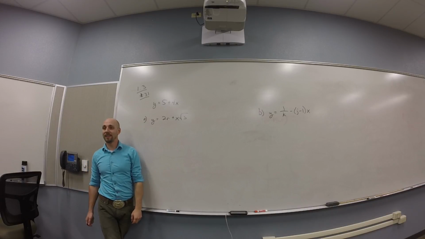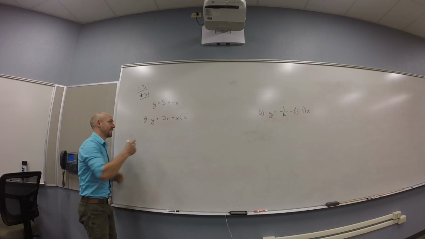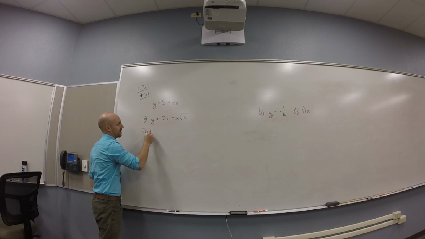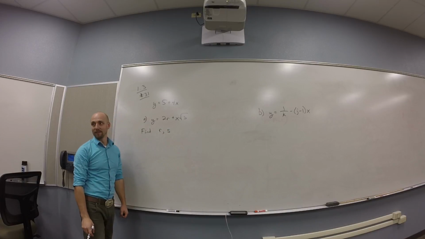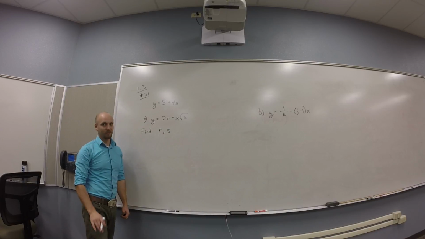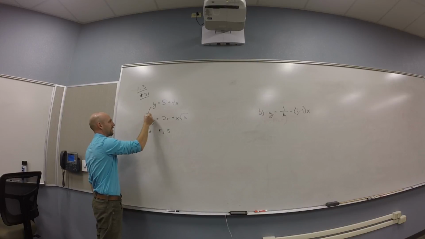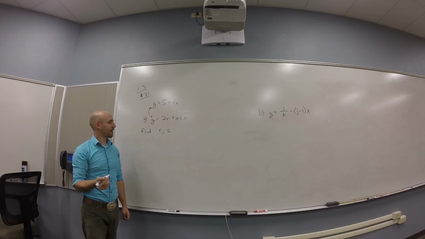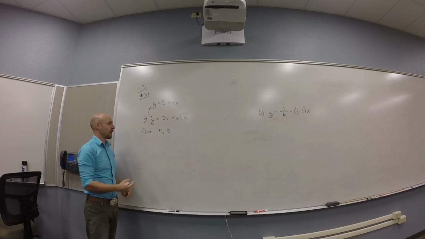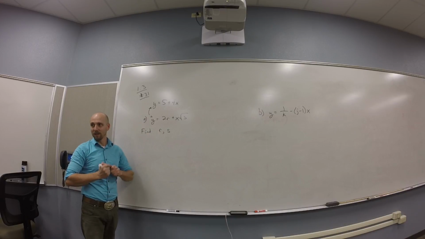So they tell me find r and s. You see that? These two things are the same. And now somehow I have to use that information to figure out what r and s are here.